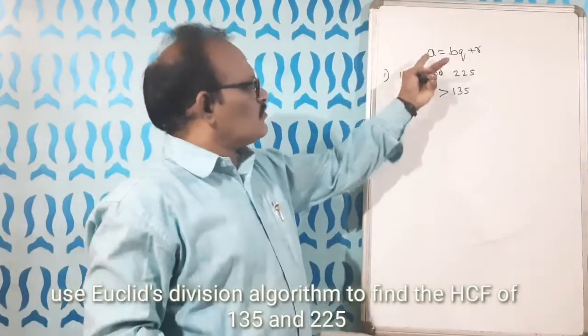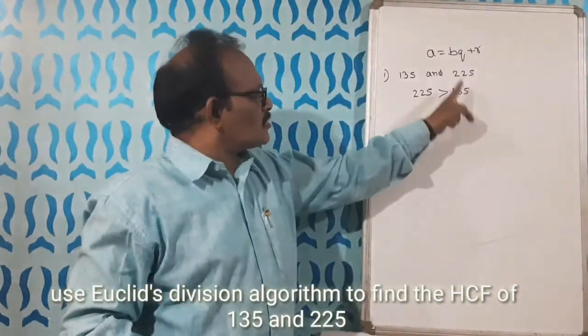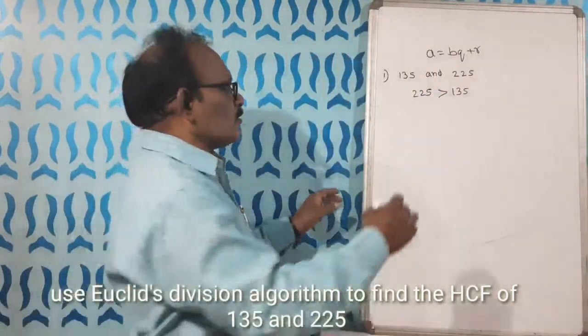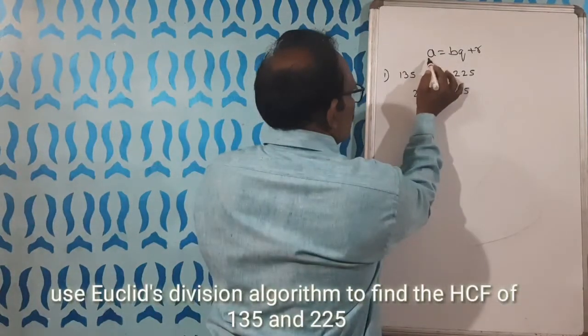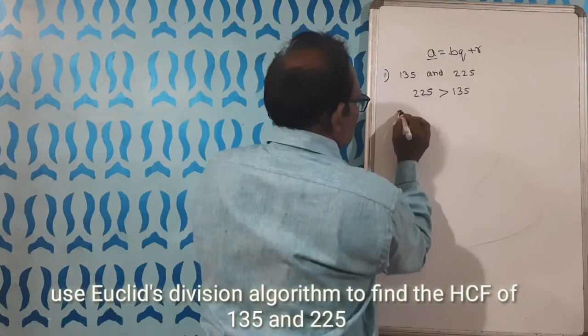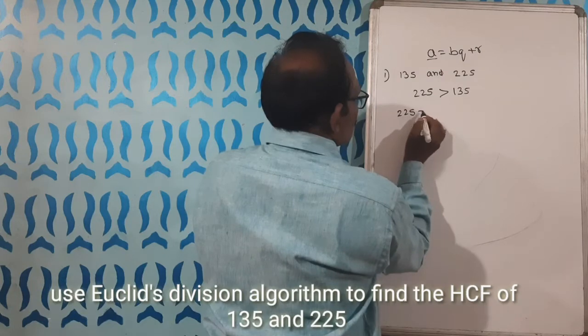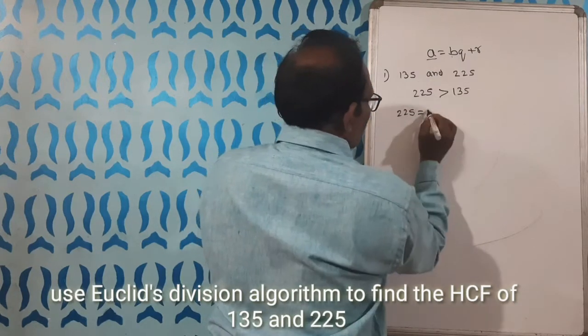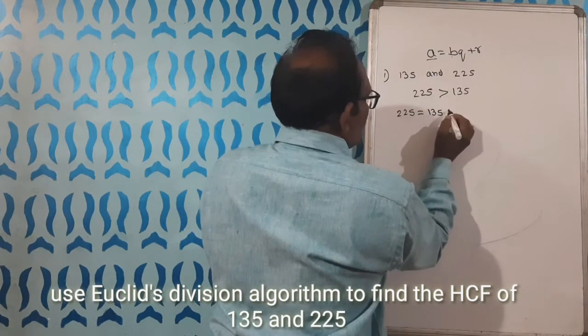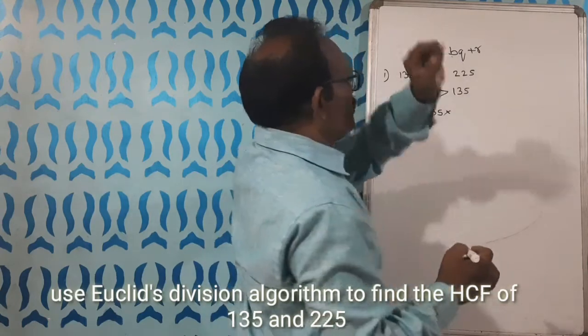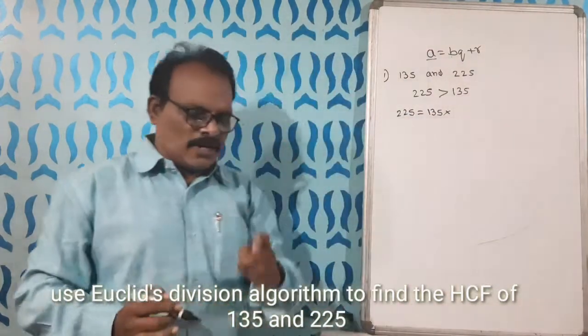So the greater value will be A and the other one will be B. So according to this formula, instead of A we will write 225 = B, we have 135. Now we have to find what the quotient and remainder will be.